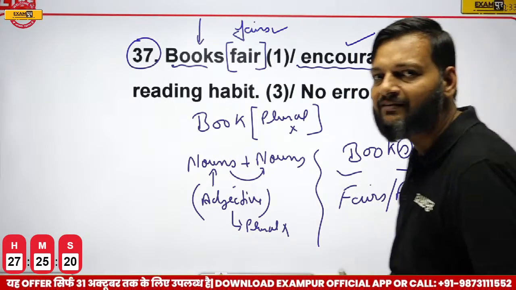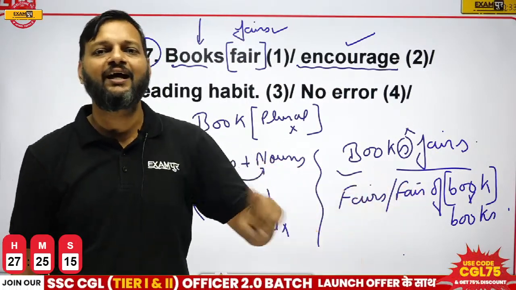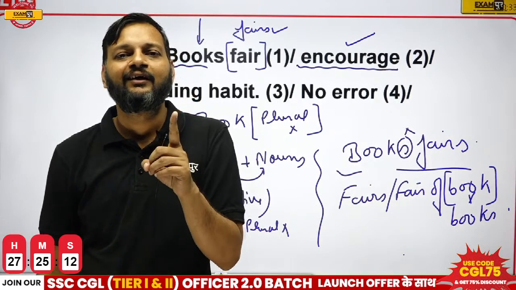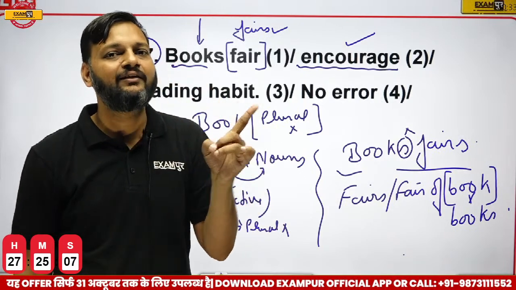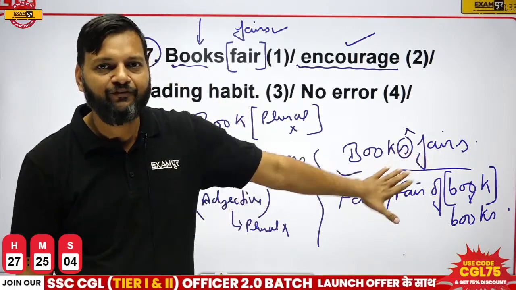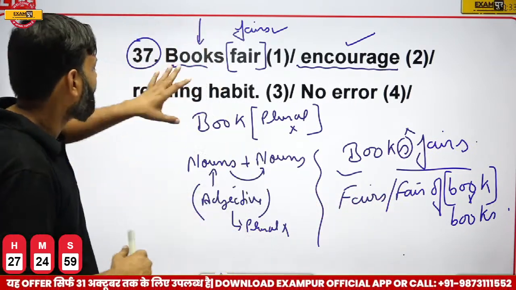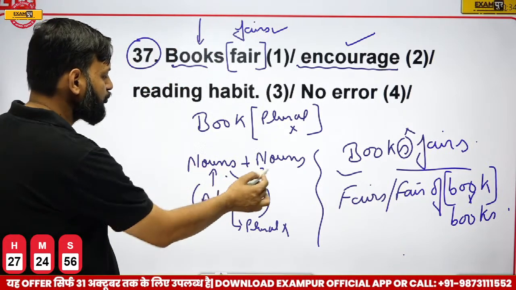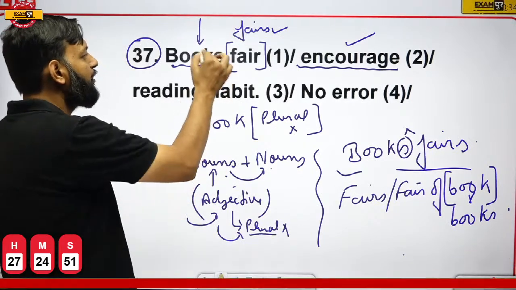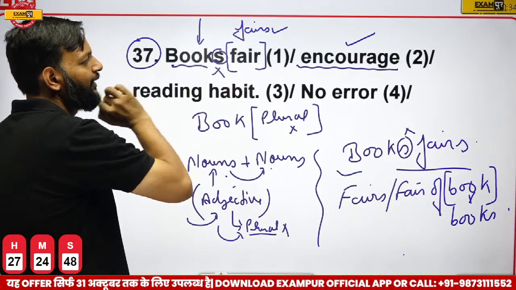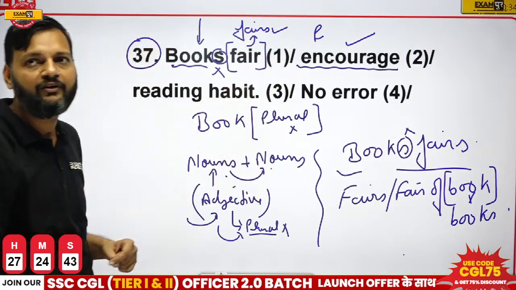In my previous class, there was a question where fair of books was written, so I explained it in that format, and it was in my mind. That's why I explained it wrong. I'm very sorry for that. The concept is, when two nouns are used together, the first noun is actually an adjective which cannot be plural. So here books is wrong. It should be book. And since we have a plural verb here, we need to change fair into fairs.